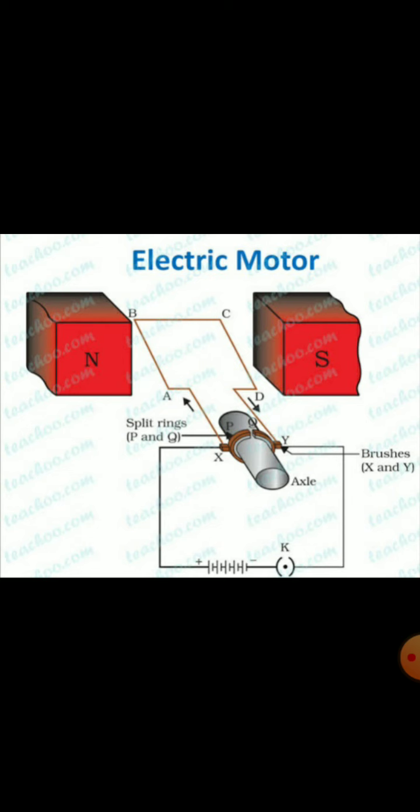Here the brushes X and Y are stationary, which means they are fixed, they are not moving, right? And they touch the conducting sides of P and Q. So this is all about brushes.